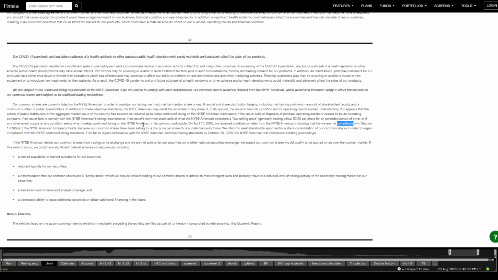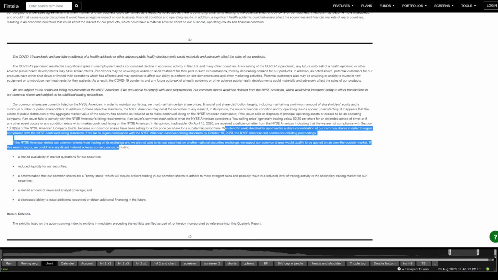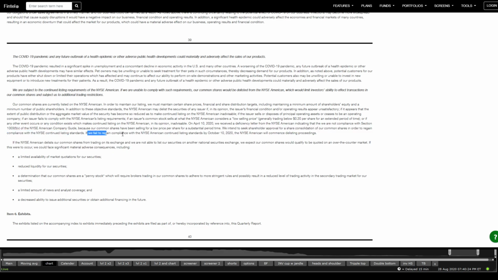Compliance for this company, it has received its notice on April 10th that they're not complying with the section for NYSE, basically because of a low price per share. We intend to seek shareholder approval for a share consolidation of our common shares in order to regain compliance. If we fail to gain compliance, the company will be delisted.